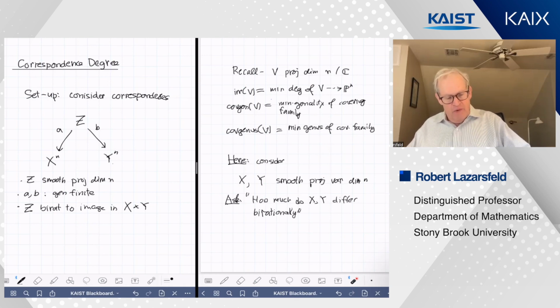The first invariant, the pair analog of the degree of irrationality, is what we call the correspondence degree.